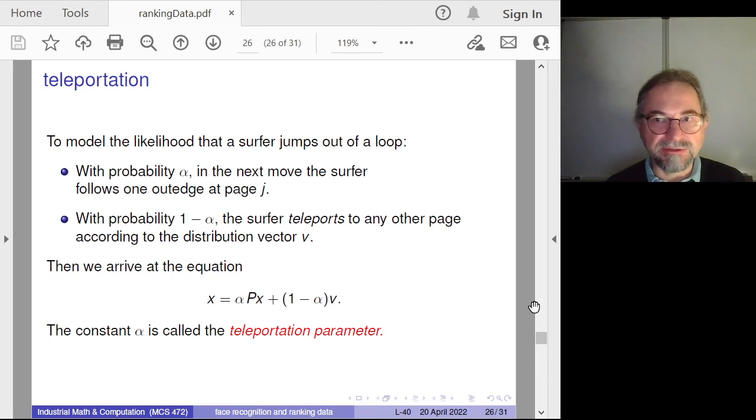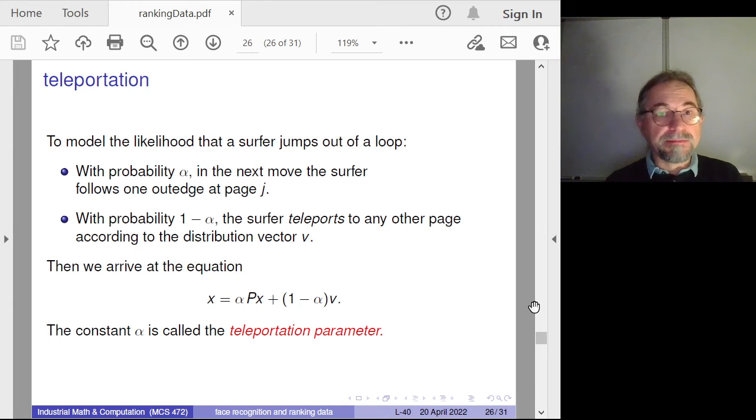Okay, so the simplified PageRank was intuitively easy enough to understand, but the other model, the more realistic model, was actually not so. So I hope to explain this now. So we had the loop. At some point, a surfer gets into a loop and will get bored and will jump out of this.